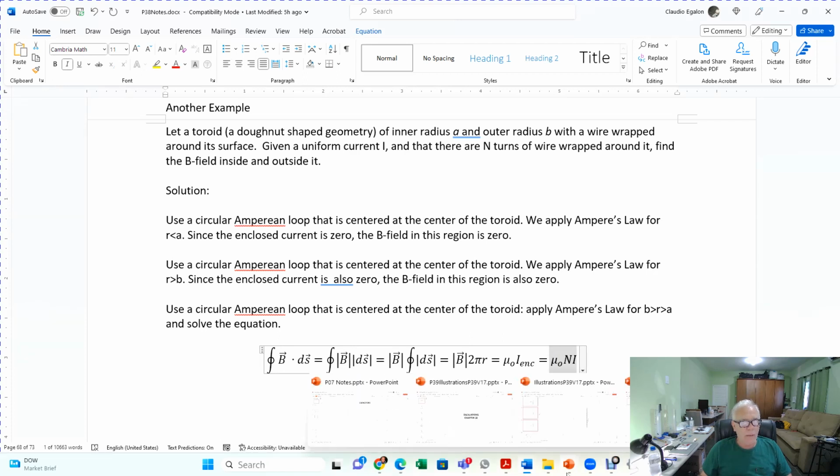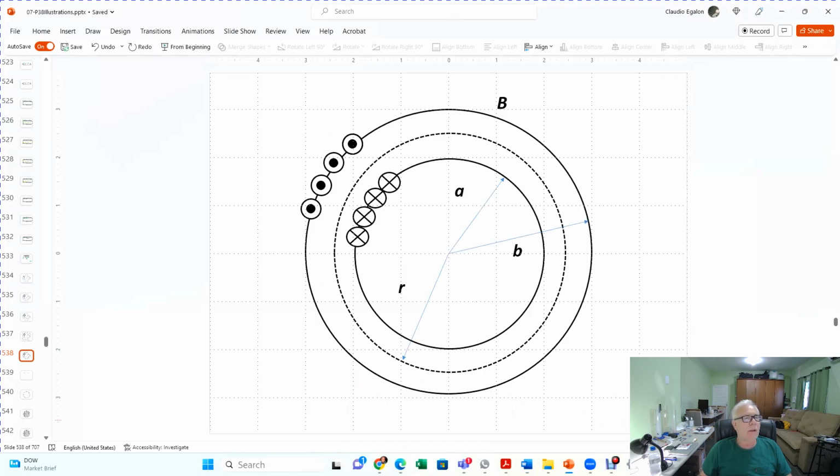What else can we state? Let's not forget that if you apply the right-hand rule, the magnetic field due to this current distribution is going to be in this tangential direction. And the magnetic field of this other one is also going to be in the tangential direction and going to reinforce this one.